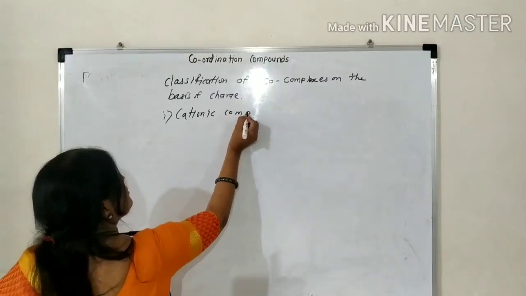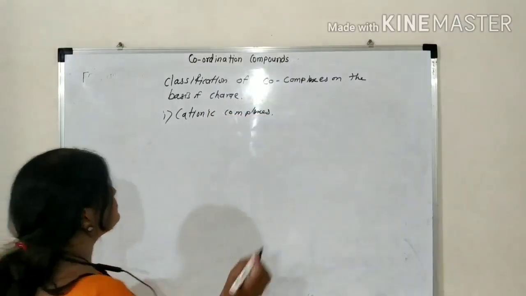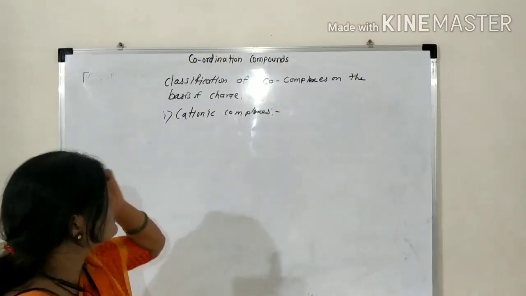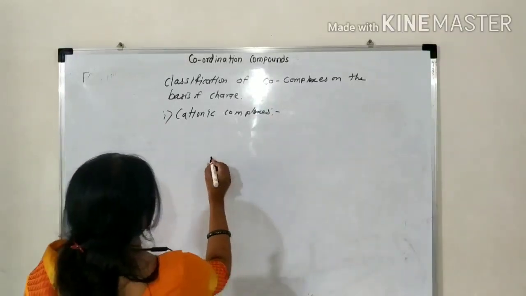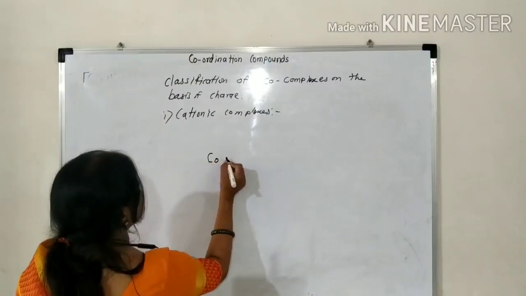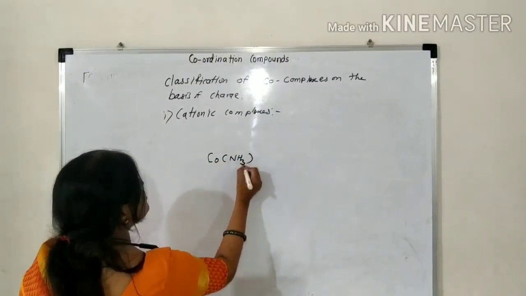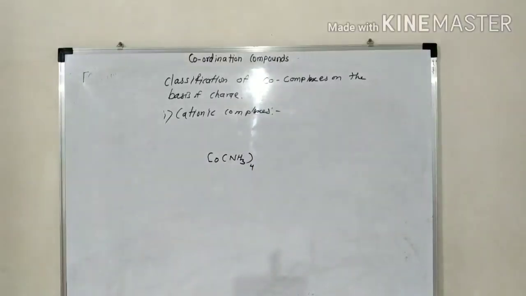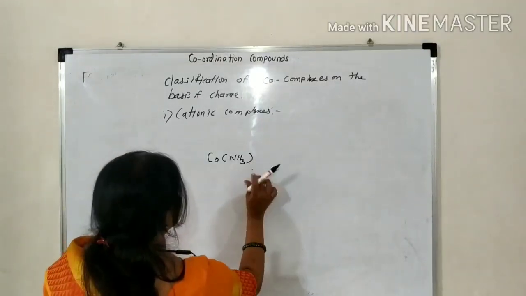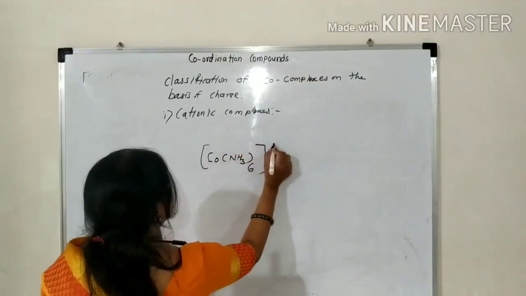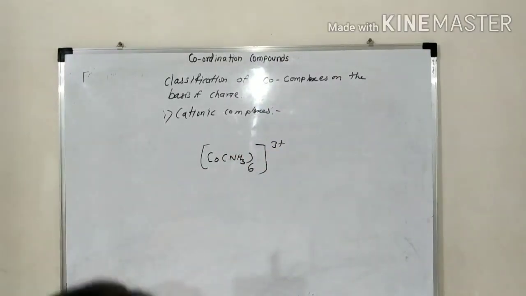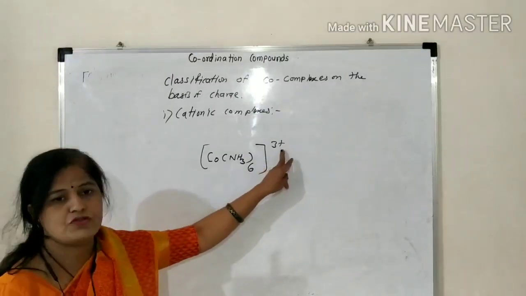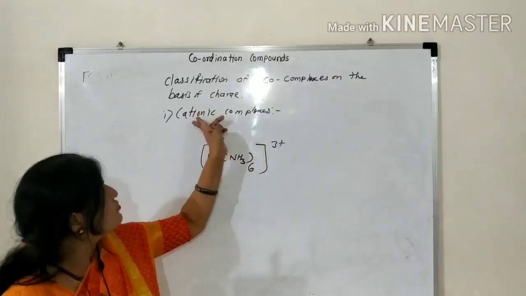Cationic complex means the coordination sphere is positively charged. Suppose you have taken here Co(NH3)6 with 3 plus charge. This coordination sphere carries a positive charge, so that is called a cationic complex.